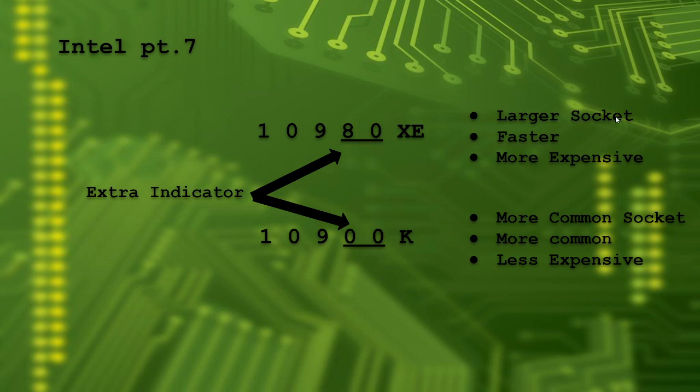This is no longer true, although there are rumors of it being brought back. Faster, more expensive. And in this case, higher number is better. A 00, which is by far the most common, for desktops at least, is a more common socket, which doesn't really apply anymore, more common by far, and less expensive.